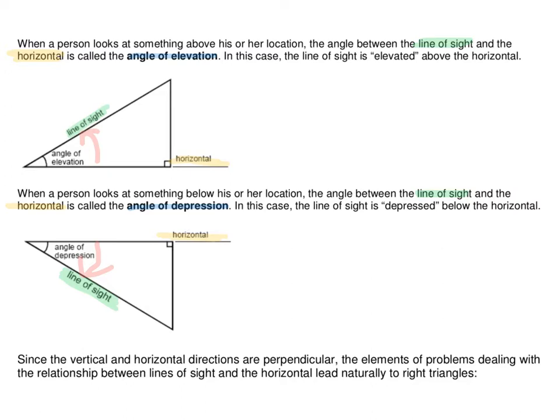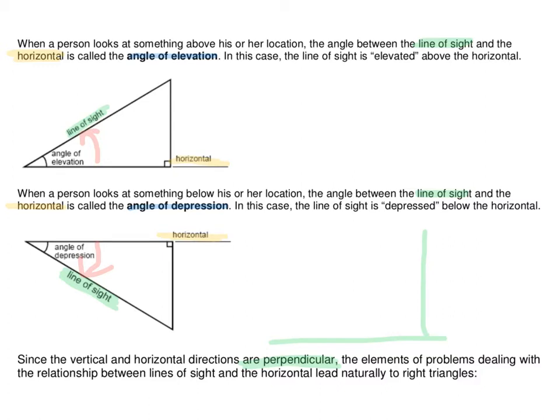Since the vertical and horizontal directions are perpendicular, the elements of problems dealing with the relationship between lines of sight and the horizontal lead naturally to right triangles. So what we're saying here, when we talk about this perpendicular, we're talking about the fact that you would be dealing with a vertical line representing the height of something, and the horizontal, the base of the triangle.